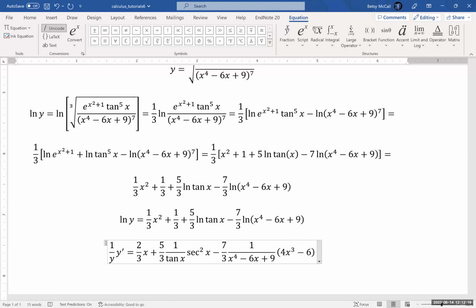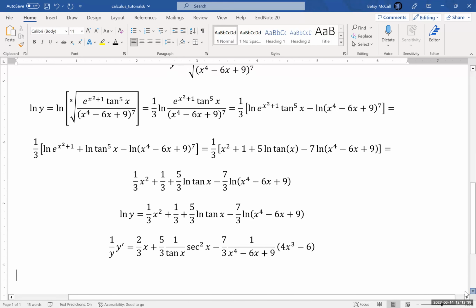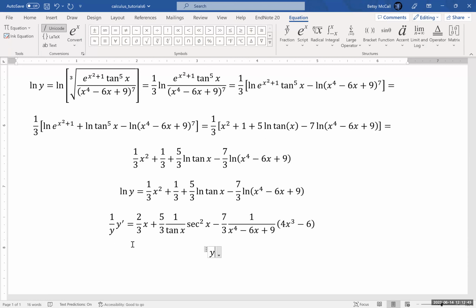You could do something with these tangents and secants. I'm just going to combine them into a single fraction for this purpose, because simplifying trig functions is not the point of this. But our next step then would be to multiply by y to get our y prime by itself.